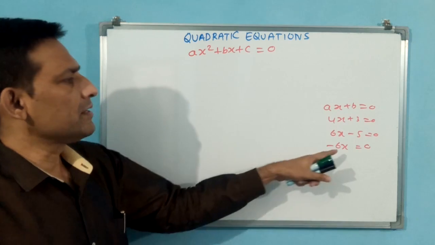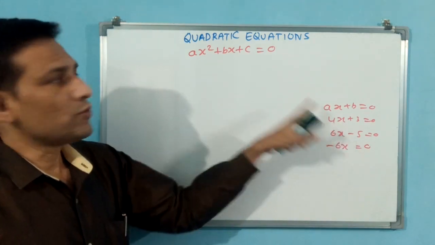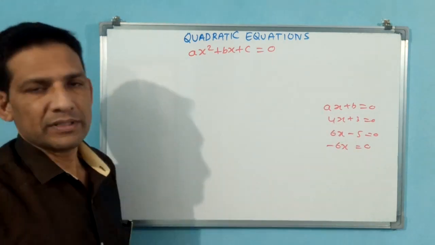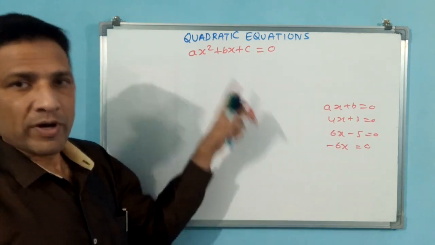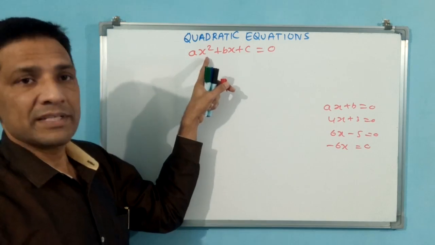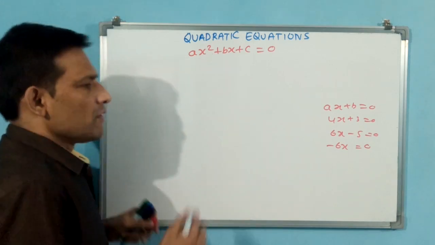Okay, why? Because here x power is not 2, here x power is 1. That is why these are linear equations. This is a quadratic equation because x power is 2.